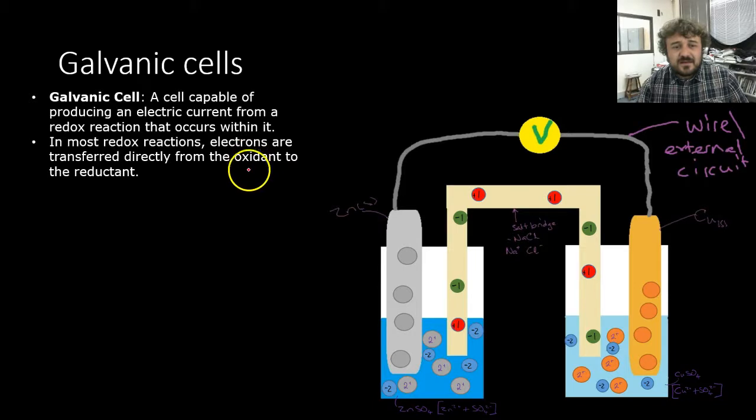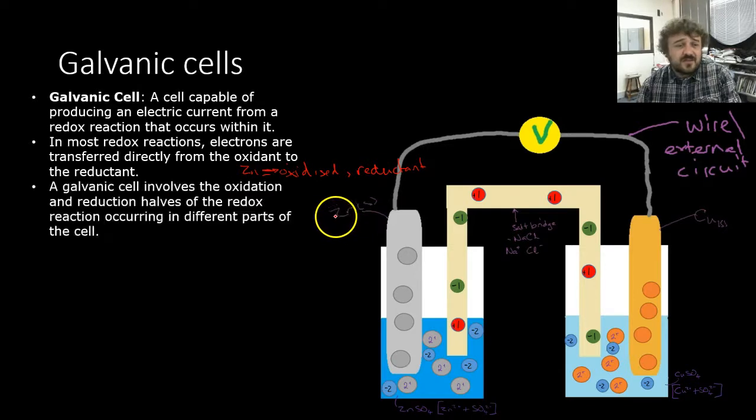As the zinc is oxidized, that makes it the reductant. So the electrons are transferred from the reductant to the oxidant.